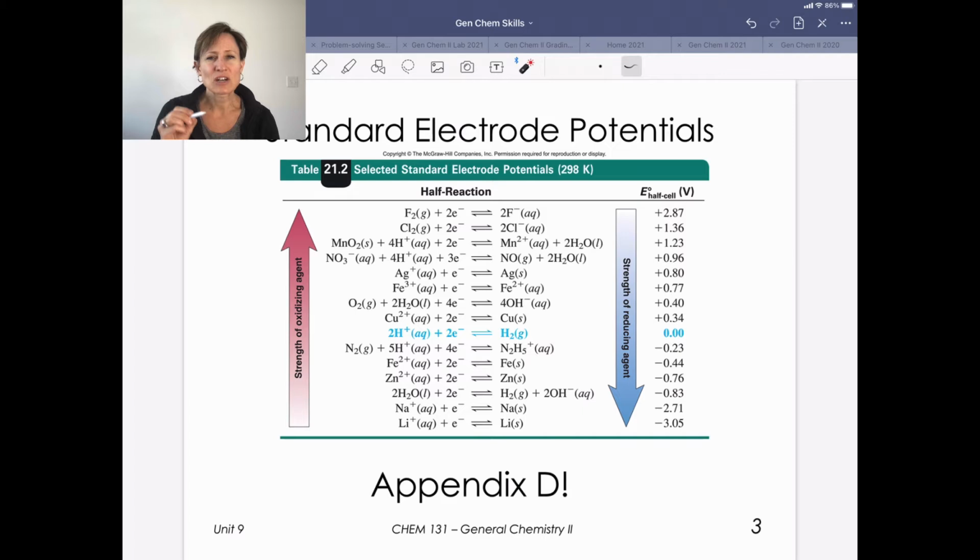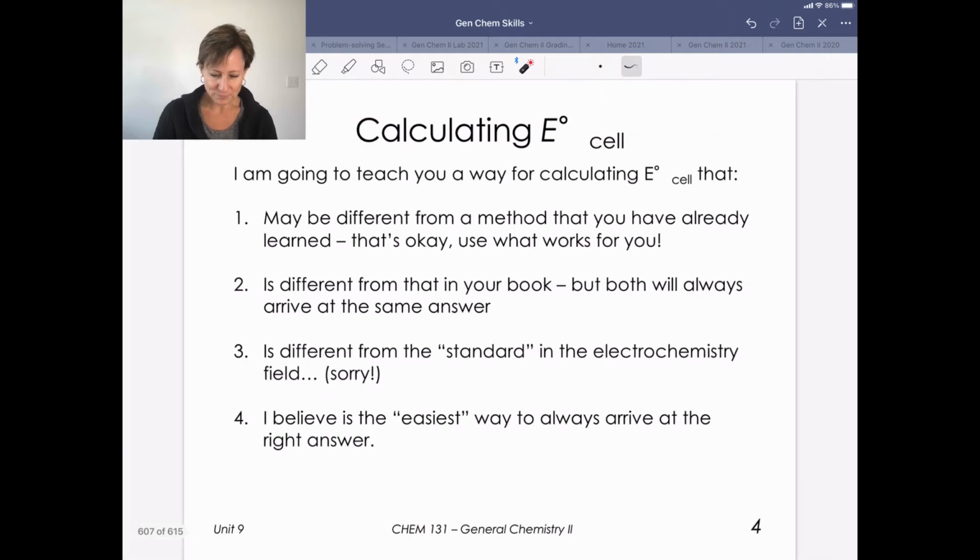This is the standard hydrogen electrode, sometimes referred to as SHE. We just define this as a middle point as being 0. And certain things have larger standard reduction potentials or smaller and more negative standard reduction potentials. We're going to use this table a lot, just like we used Appendix B for our thermodynamic parameters.